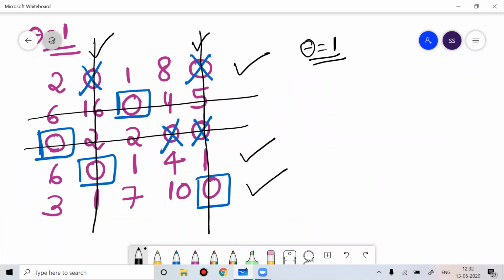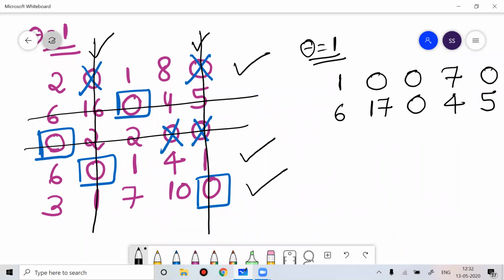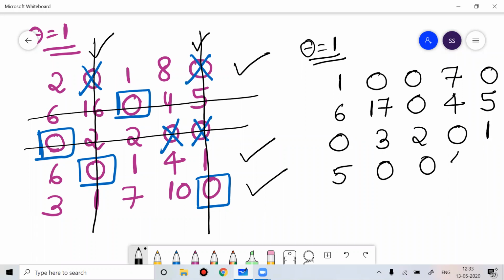Now this will be 1 0 0 7 0, then 6 17 0 4 5, then 0 3 0 3 2 0 1, then 5 0 0 4 1, then 2 1 6 9 0.